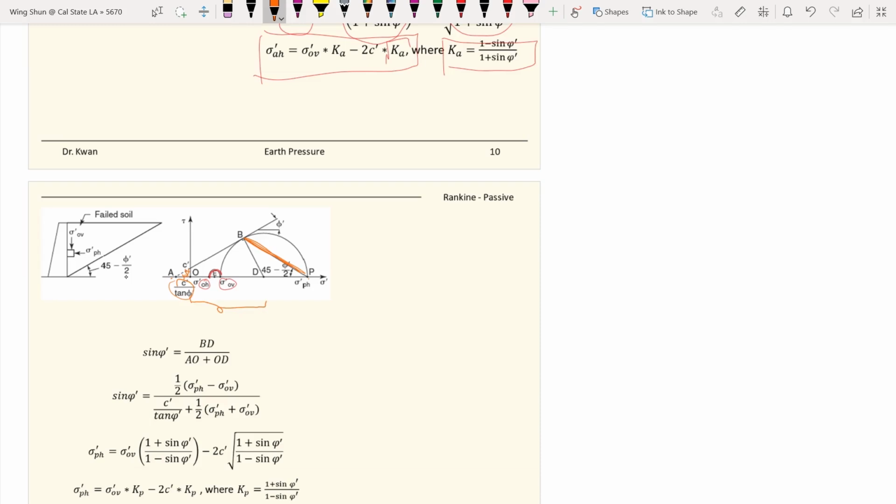Oh, sorry. So the triangle he looks at is ABD again. It's not this one to start with.